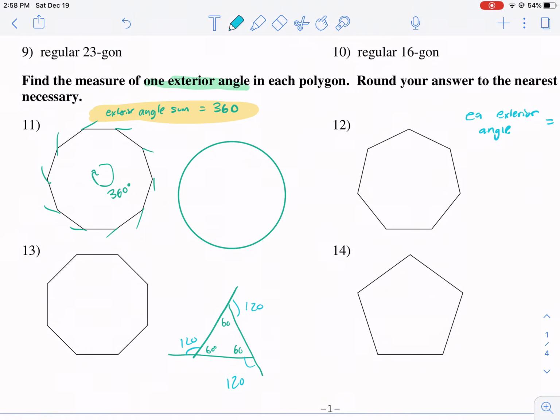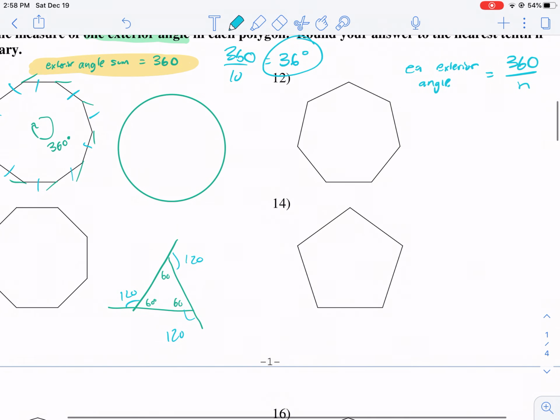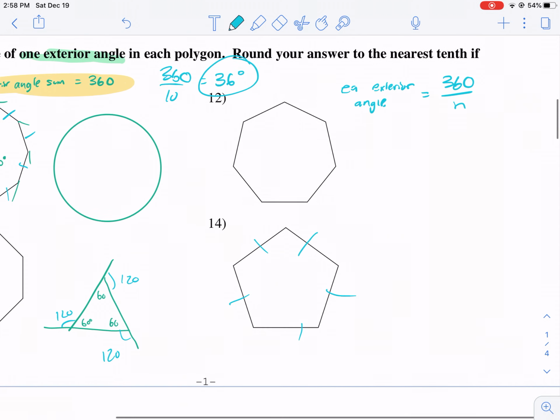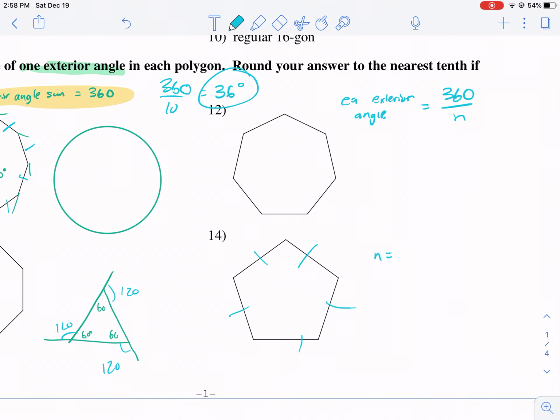For example, we were working on 11, so we might as well finish it. We have 1, 2, 3, 4, 5, 6, 7, 8, 9, 10. So we have 10 sides, so 360 divided by 10 gives us 36 degrees for each exterior angle. Something like this, we have 1, 2, 3, 4, 5. We have 5 sides, so n equals 5.